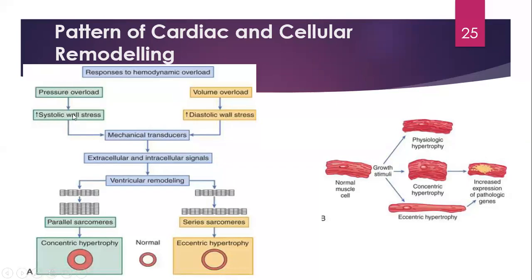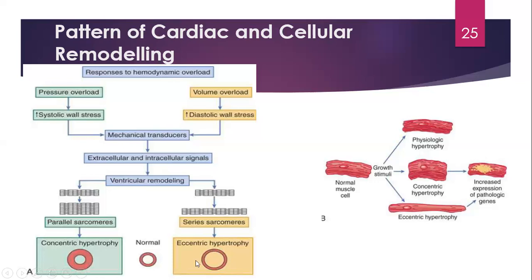Mainly, pressure overload leads to parallel addition of myocytes and produces a concentric hypertrophy, whereas volume overload produces addition of myocytes in series.